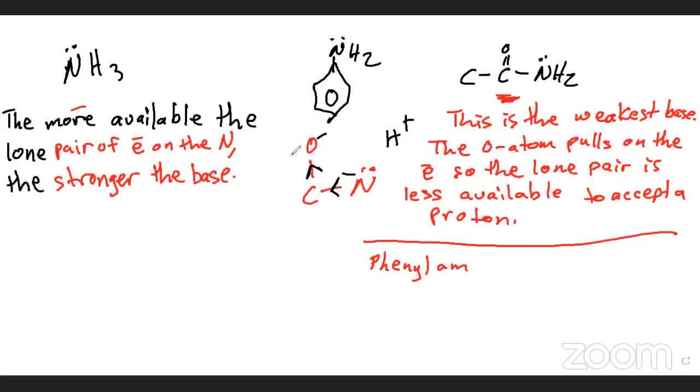And in the phenylamine, if you remember when we did benzene, we said the amine group is an activating group, right? That means the electrons are going inside of the ring. All right. They will be delocalized. All right. So let's go there now.